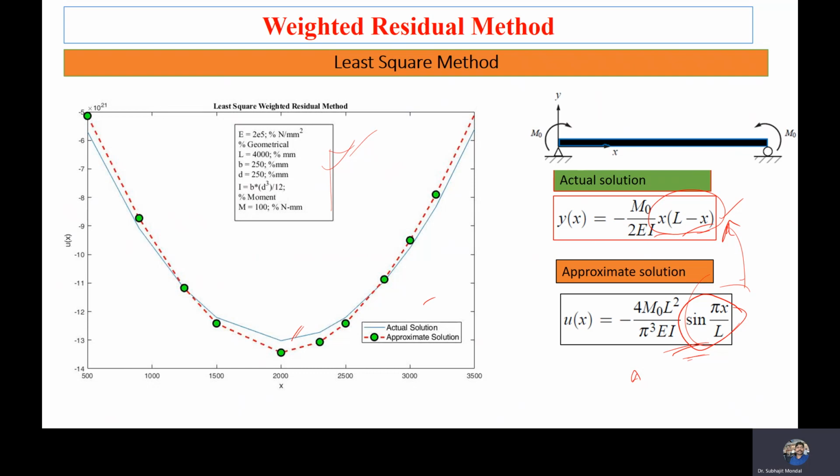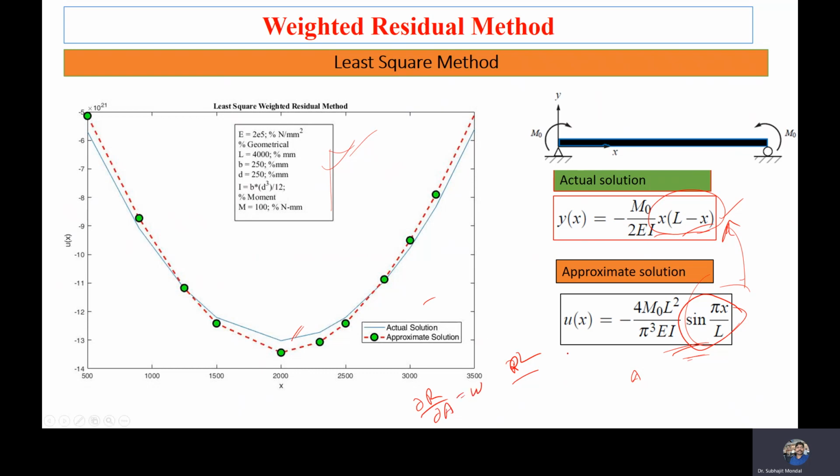Let me summarize what we did in the least square method. We first find the square of the error and take the derivative of the square of the error with respect to the unknown coefficient, and we assume this is our weight function.